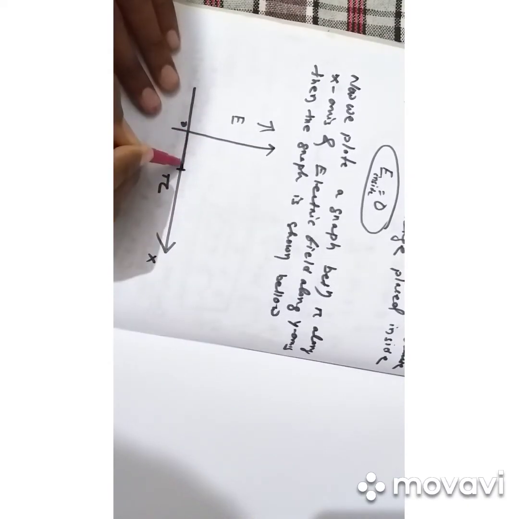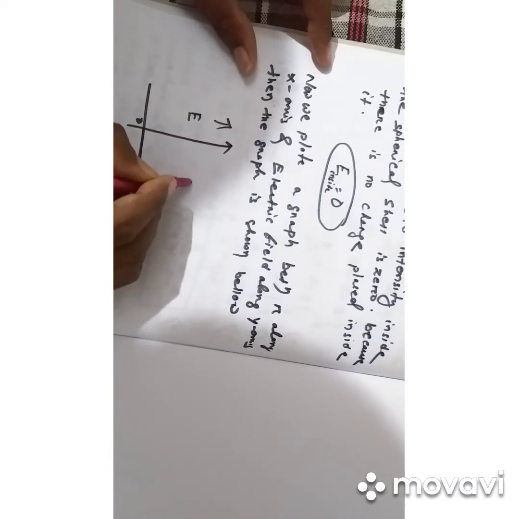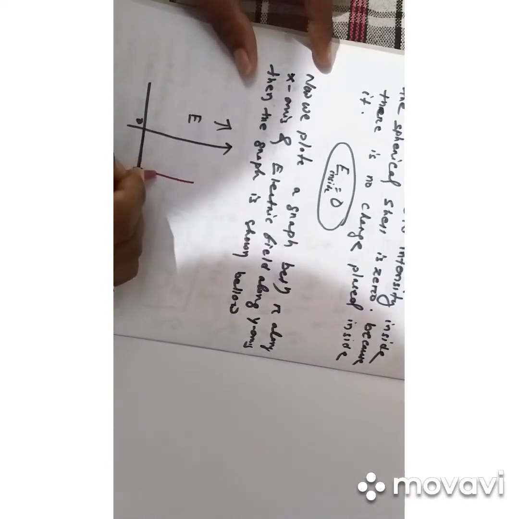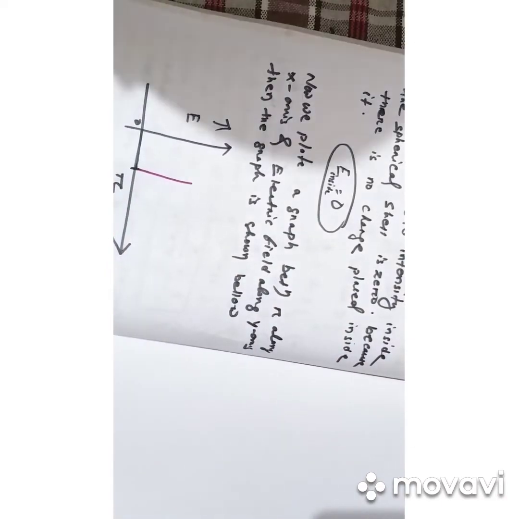Inside the electric field is 0, that is 0 electric field intensity. Whereas on the surface the electric field is equal to Q by 4 pi r square epsilon naught, where r can be represented as capital R. So this is here.